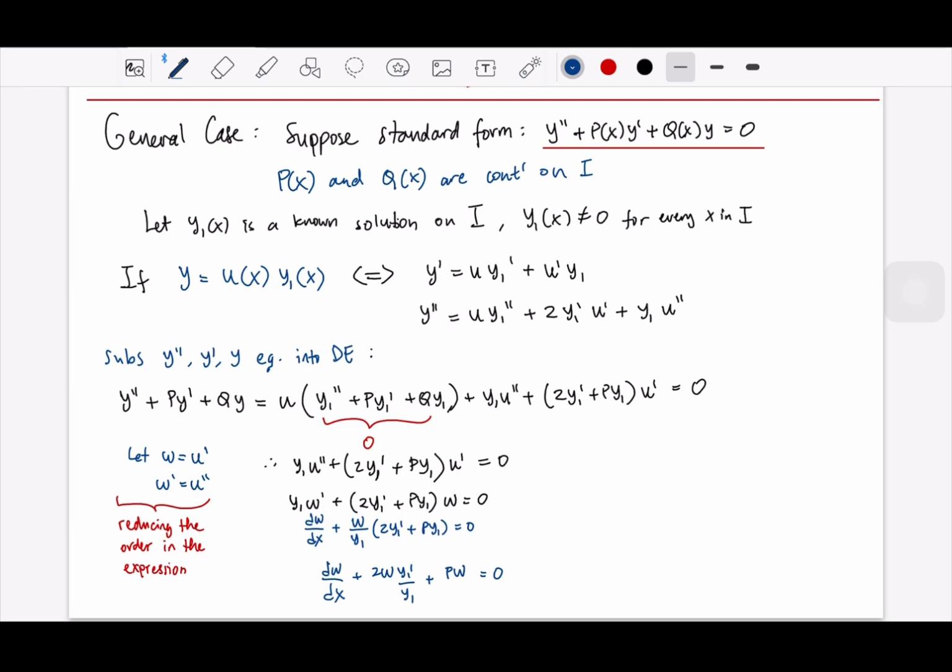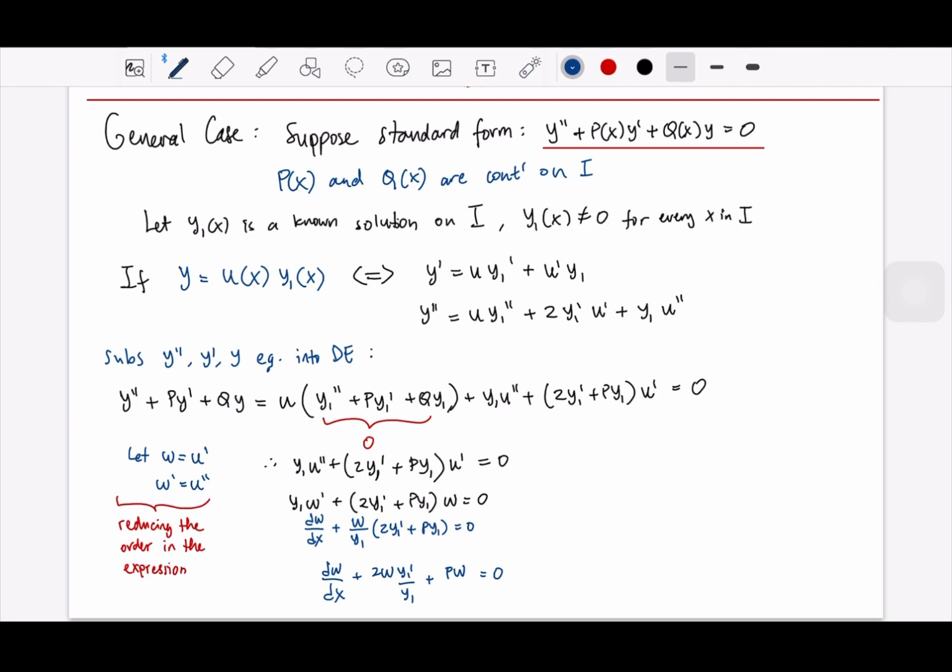Firstly, I introduced a practical way to solve higher derivatives, especially the second order differential equation. So we are substituting y with a function u times y1.